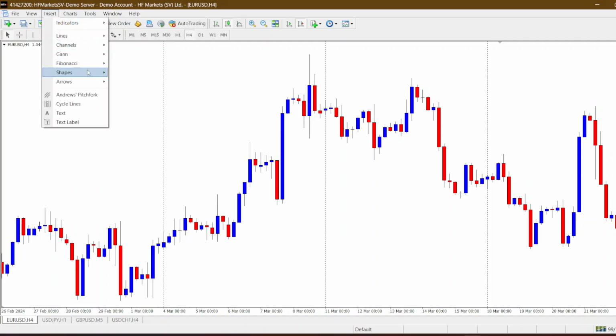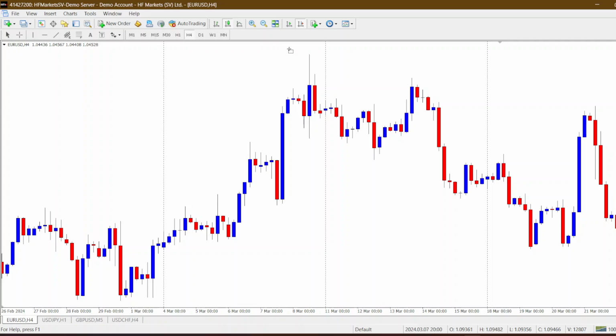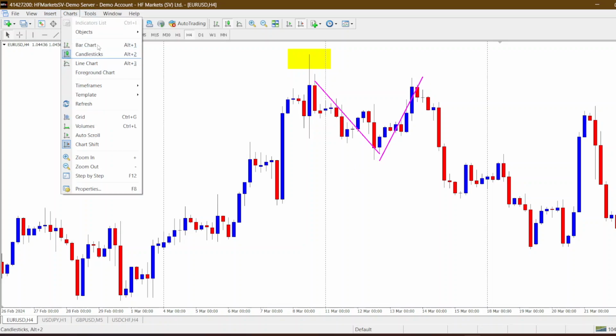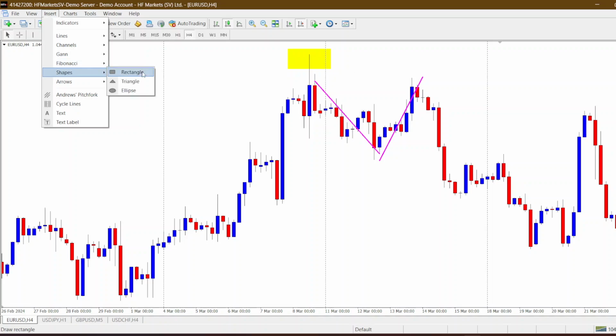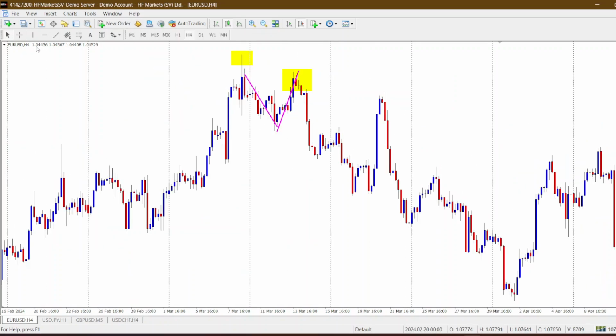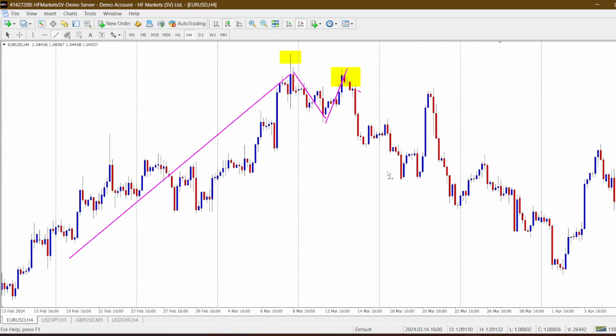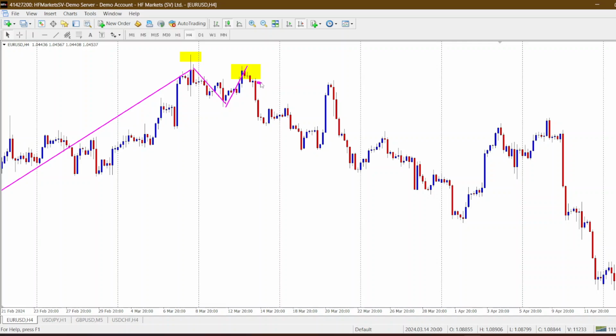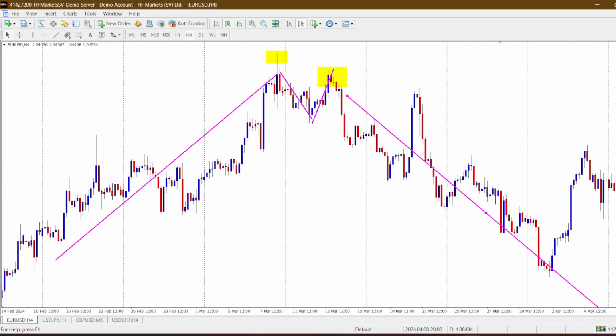You can see the first peak, and then you have a significant dip, and then you have the second peak, which is lower than the first peak. And remember that it occurs after an uptrend, and it is a reversal pattern, meaning after the pattern you will likely see a trend reversal, like what we can see happen around here.